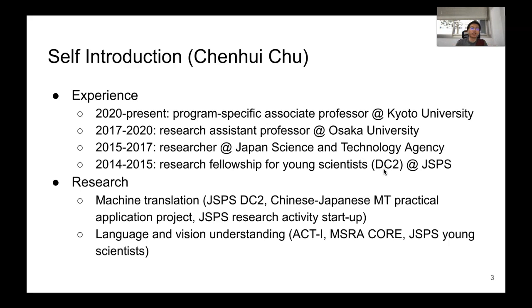And my research interests center on machine translation and language and vision understanding, and I have several projects related to these two research fields.